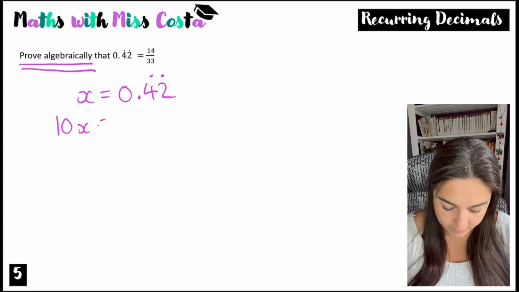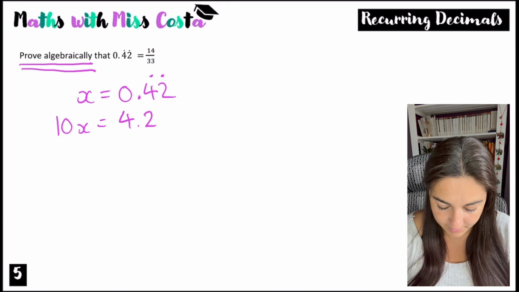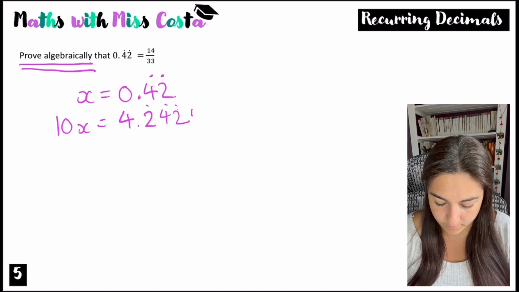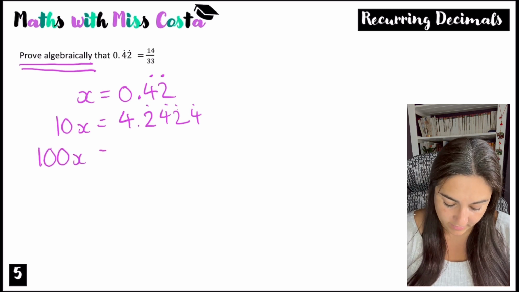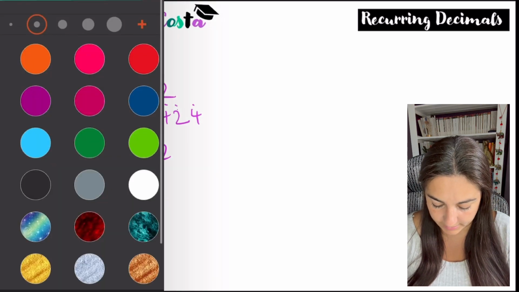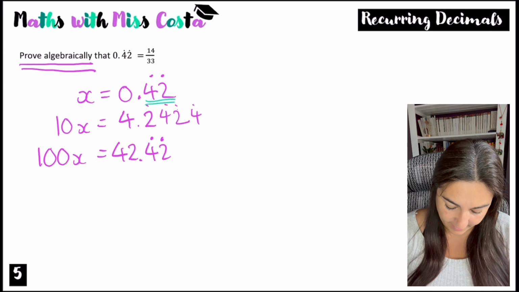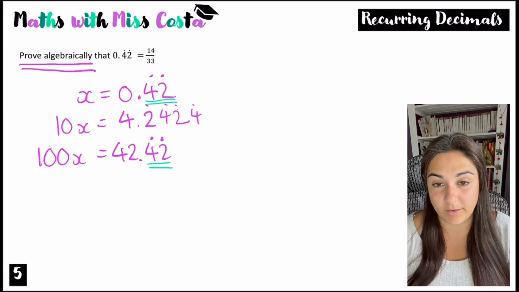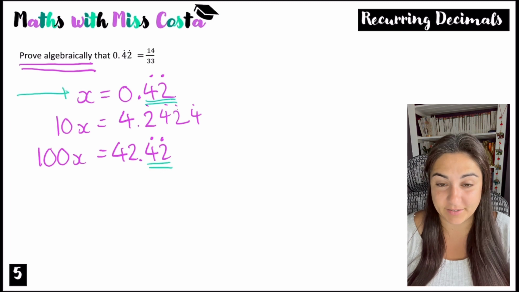Now, what can we do? We could manipulate that. If we multiply that by 10, that would be 4.2 recurring, and so forth. So then we can multiply it by 100, which would give you 42.42 recurring. Now, what we want to do is get it so that the decimal part is equal, because then we can subtract it and it would cancel out to make 0.